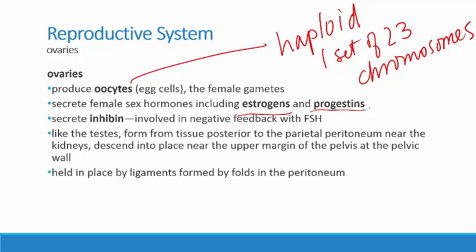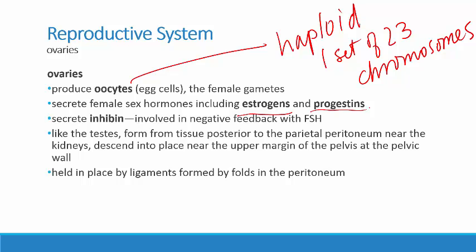The image on page 844 shows some of these ligaments, or at least one of them, the round ligament, that helps to secure the ovaries in place.